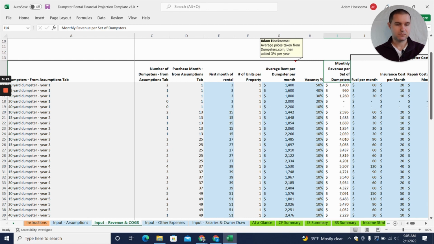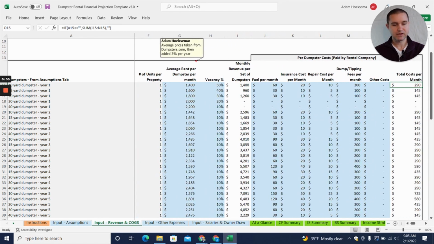Now, here we have a monthly revenue per set of dumpsters that's calculated. So remember here we're saying we have 2 dumpsters of this type. So that's where we're coming up with that number. 2 dumpsters could generate $1,400 a piece, but since there's a 50% vacancy rate, we're only generating half of that for each dumpster, so $700 per dumpster for a total of $1,400.